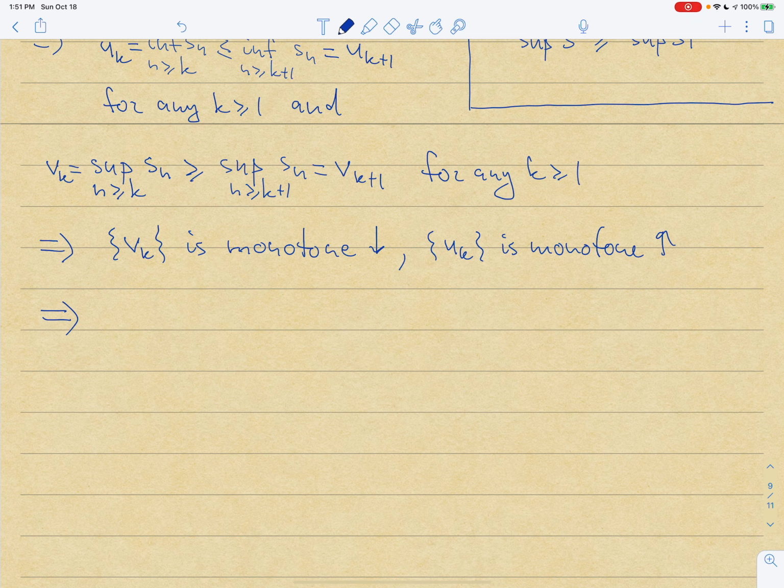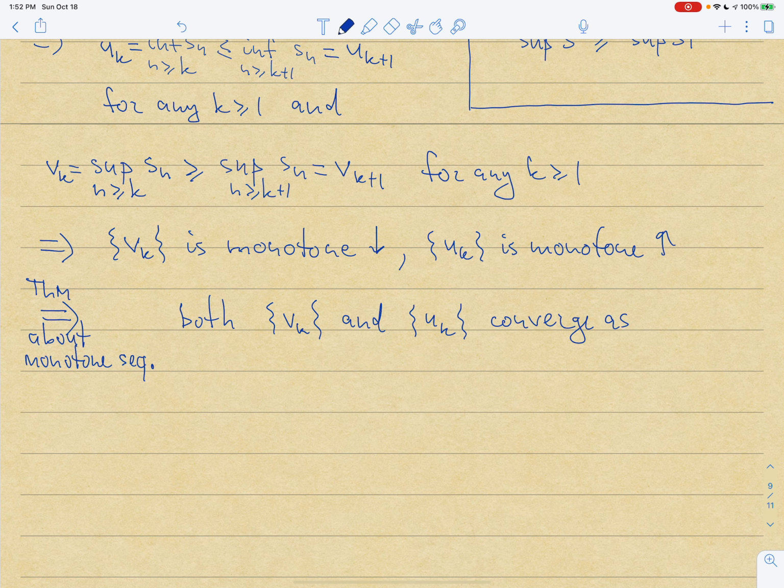And so from here, monotone, let's call it a theorem about monotone sequences. From this theorem, it follows that both vk and uk converge as k goes to infinity.